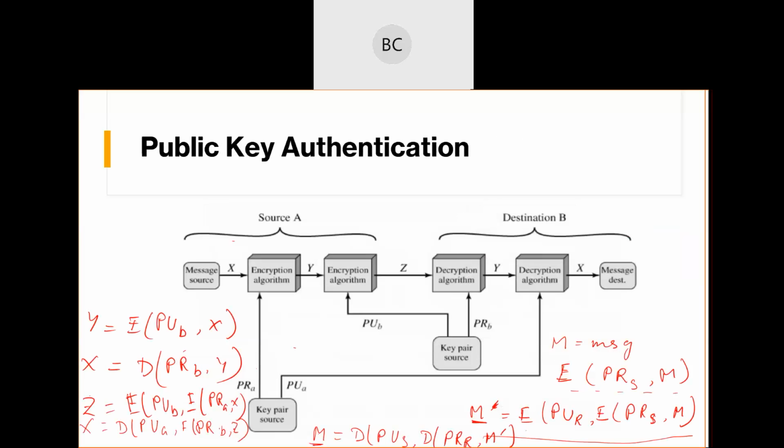See, I said this is kind of your digital signature. This one. From this equation, what can you say about digital signature?